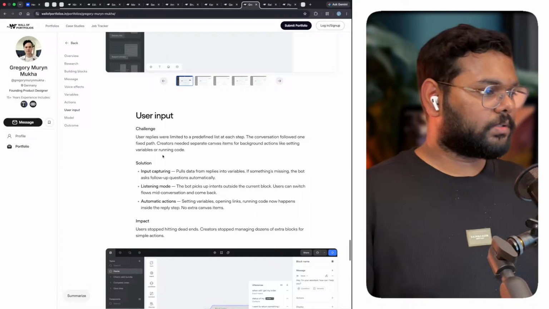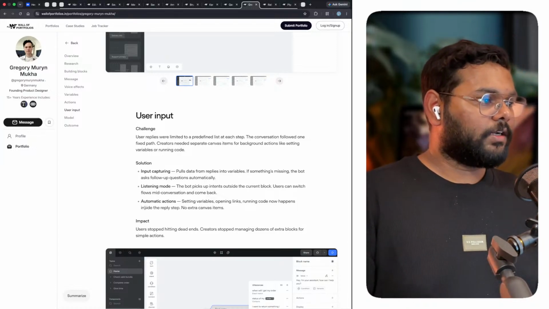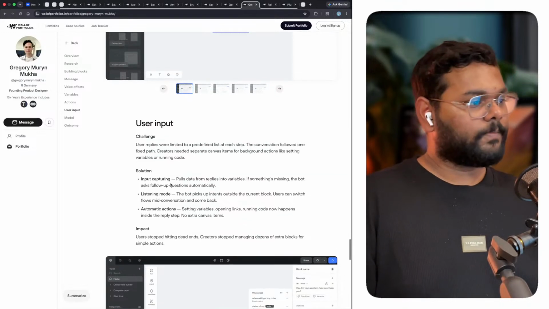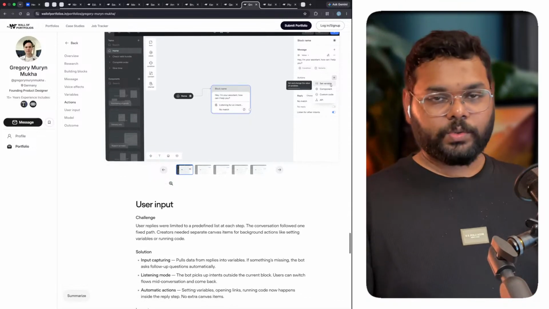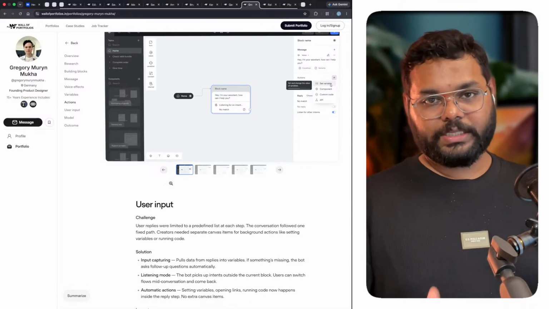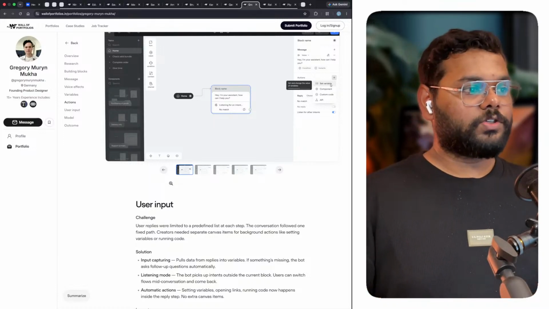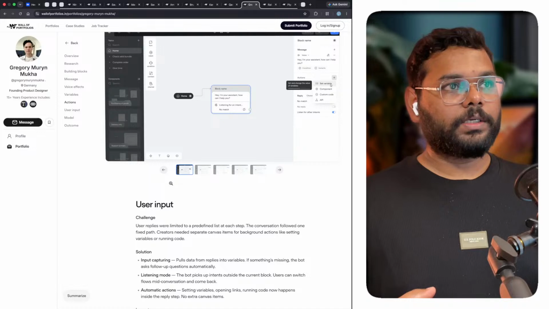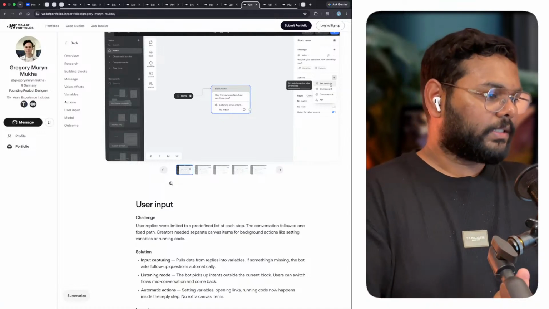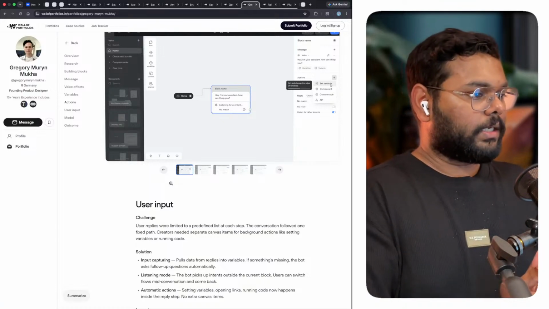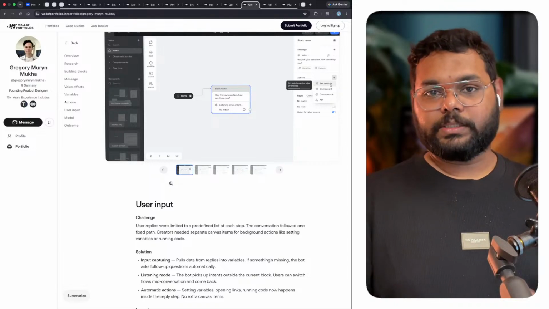I'm not very certain about the structure, but I know what kind of problems they were solving. When creating an agent you have a lot of nodes, and each node can be customized to give a different outcome. One can be a trigger, one can be a variable setter, one can be an analyzer. A lot of things are there, and for each node you will have to solve different needs.